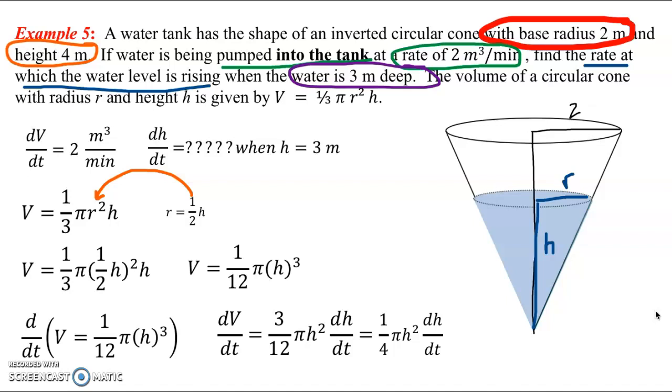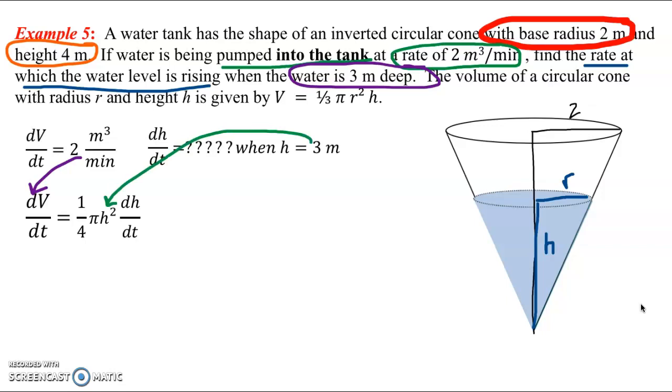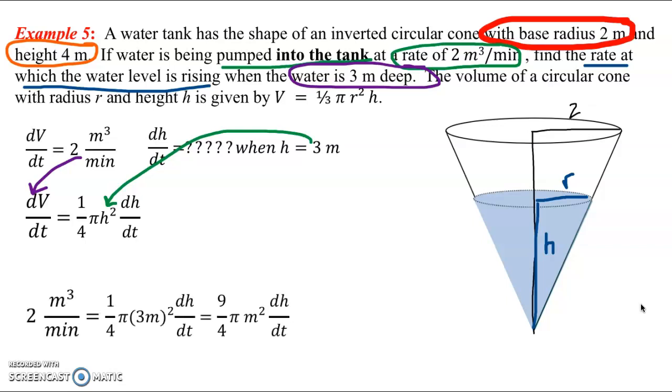Now what do I know here? I know that dV/dt is 2 meters cubed per minute, and at this particular point in time, the height of the water is 3 meters. Notice I don't put these numbers into the expression until after I've taken the derivative implicitly. Once I do, I get this expression, and I can now solve for dh/dt.